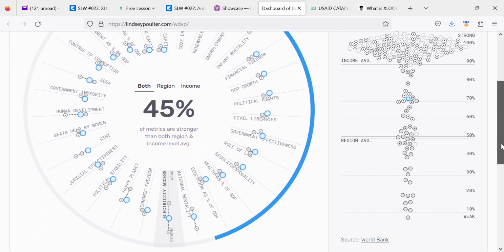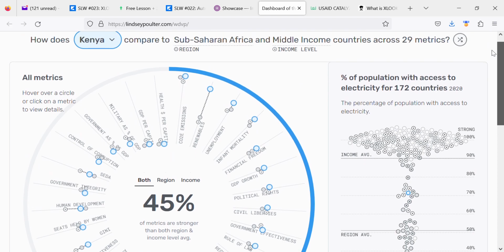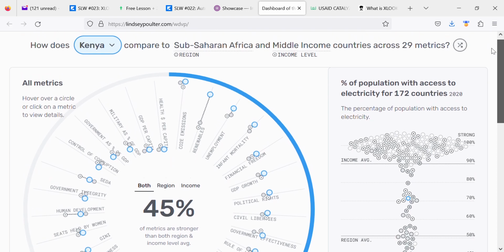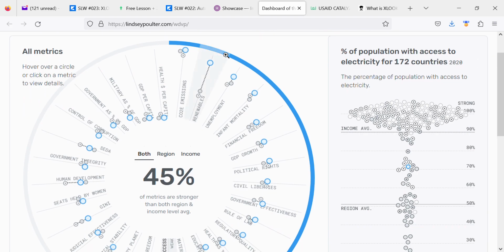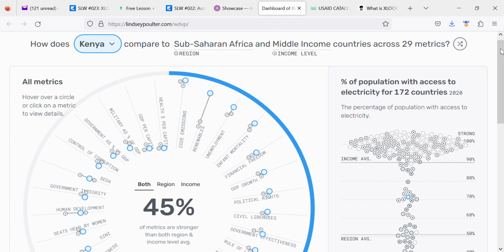So government effectiveness is also strong compared to others in the same income level. So probably for Kenya, top priority areas that Kenya should focus on is health, which is health per capita is 0.1, which is low.